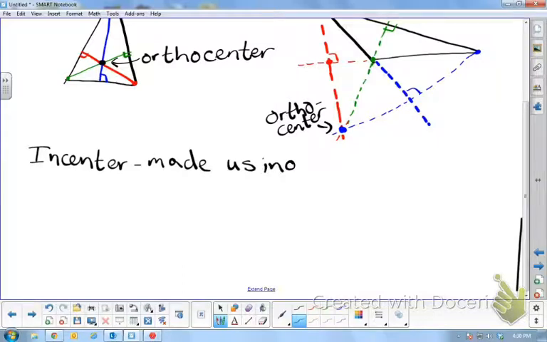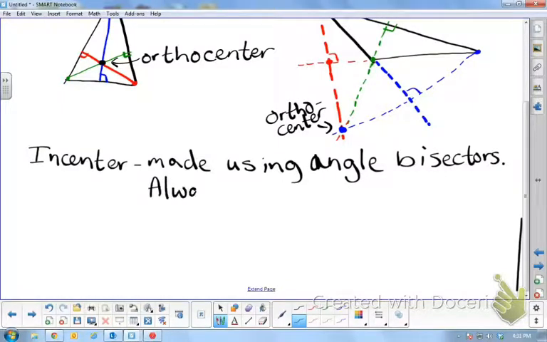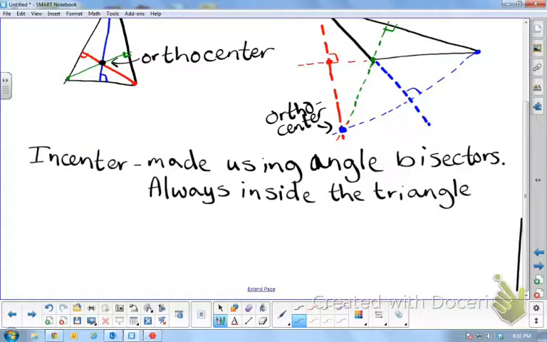Now the incenter is always inside the triangle. And it's the same distance away from all three sides.